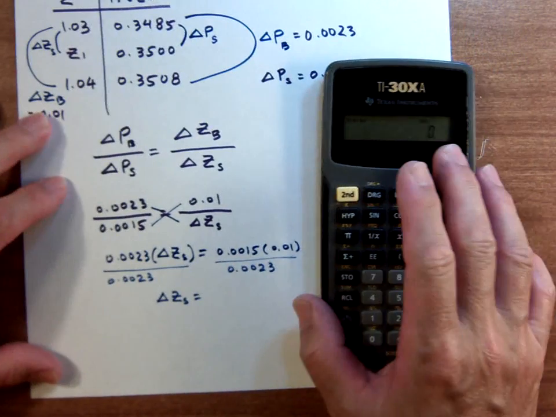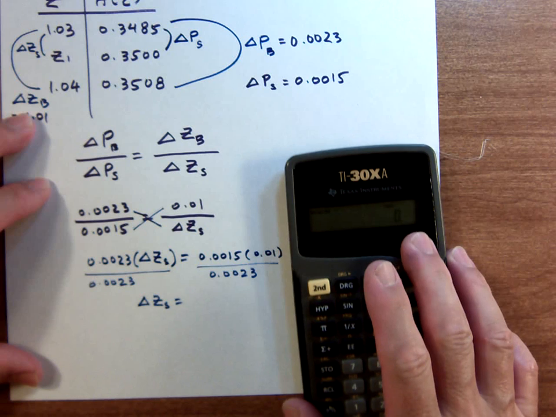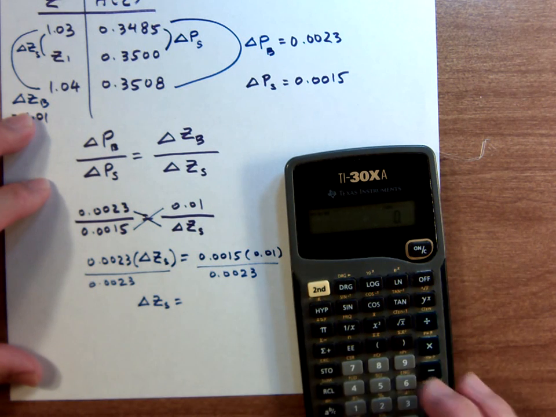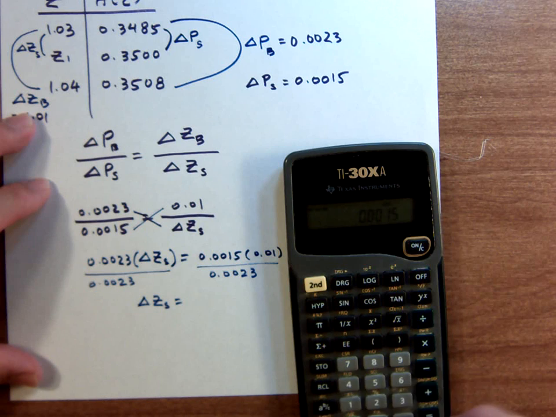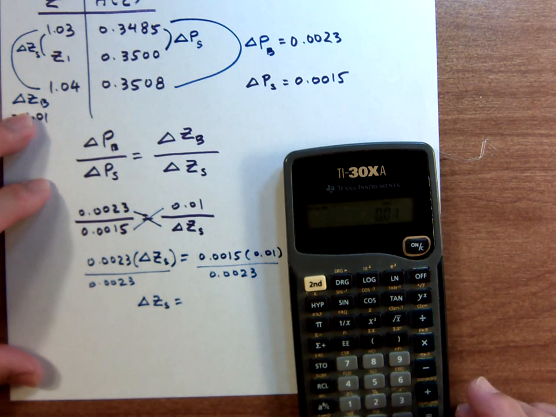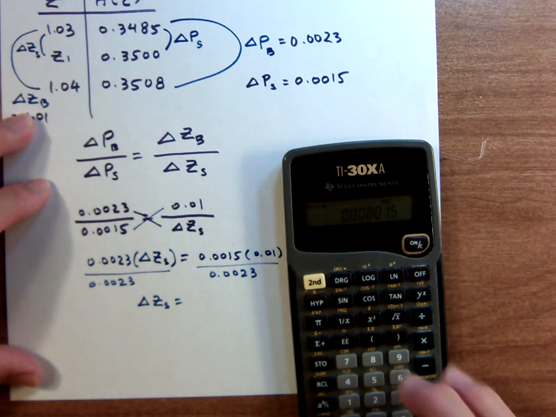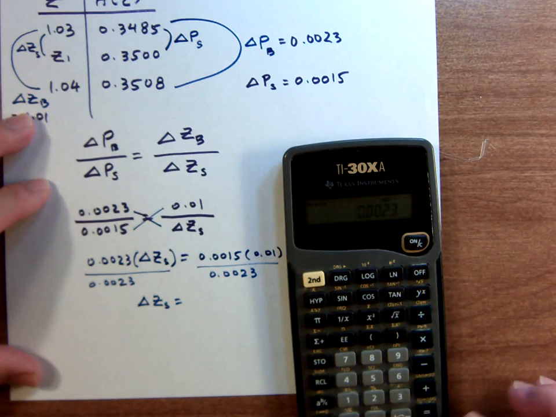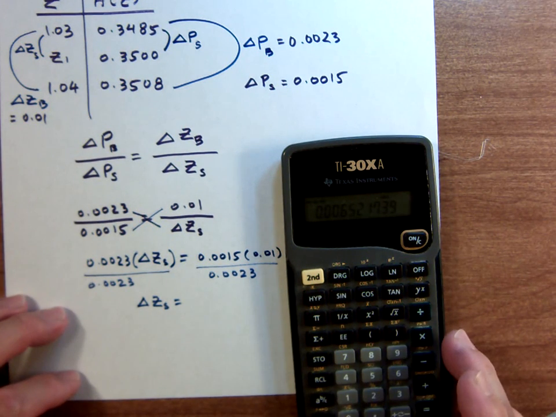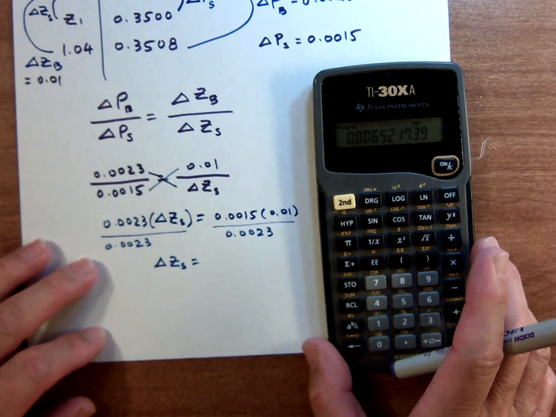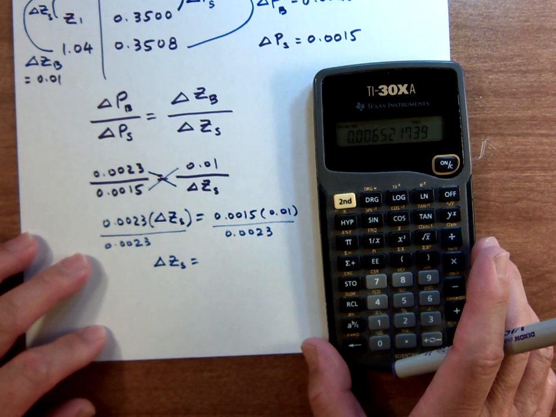Let's do that in the calculator. 0.0015 times 0.01 divided by 0.0023. It's giving me the result of 0.0065217 and so on.